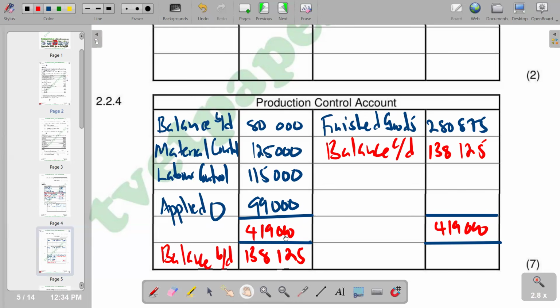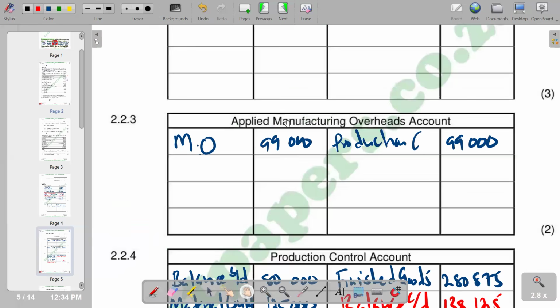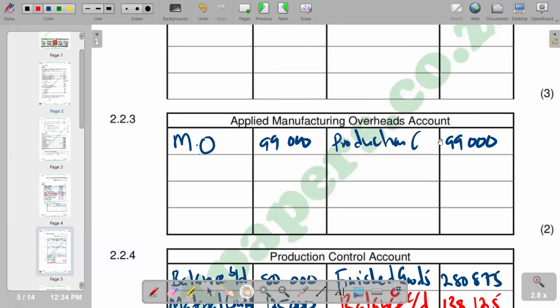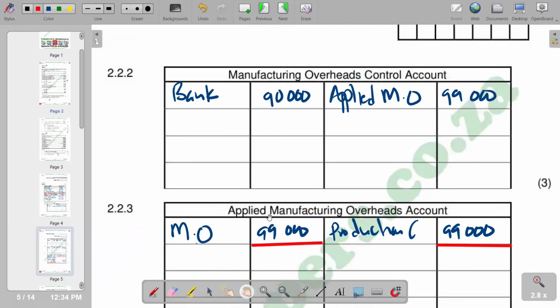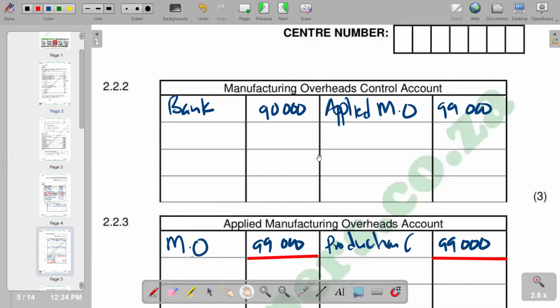And of course, we have also got the applied manufacturing overheads account, which we have already closed. So we can as well close it, since we've got the same amount on the debit and the credit. Then we go to the next one, which is the manufacturing overheads control. On the manufacturing overheads control, we've got 90,000 on the debit, 99,000 on the credit.